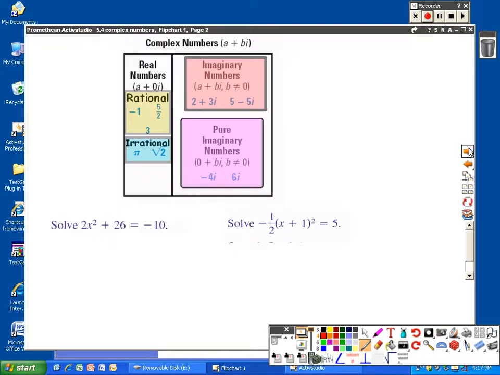When we have complex numbers, they are broken into several categories. We have complex numbers. The real numbers are a subset of complex numbers, because they would be a, the real part, plus no imaginary part. Two kinds of real numbers, as you recall, are either rational, those that can be written as fractions, or irrational, like pi and square root 2, that cannot be written as fractions.